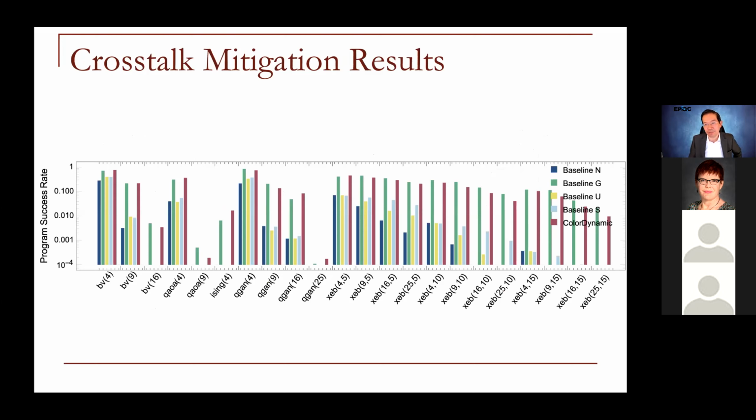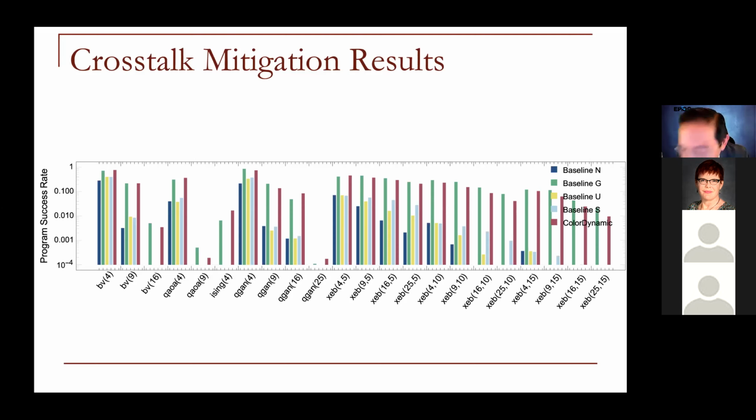And then you can see that the blue bar is generally comparable to the green bar, which is the Google-like machine, which can use fixed couplers or tunable couplers, right? Now, the difference is, of course, you can use a tunable coupler to break the crosstalk effect between two different gates. But what you can see here is that through clever frequency assignment and scheduling, we can avoid that crosstalk without having to build tunable couplers. Where building a tunable coupler is basically equivalent to building another qubit in your machine.